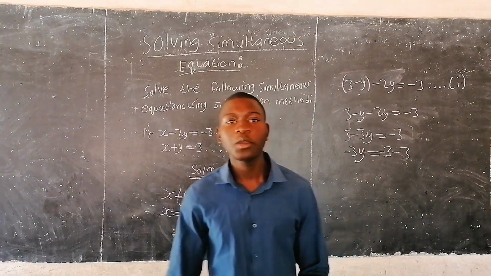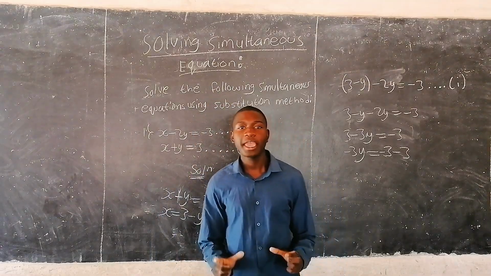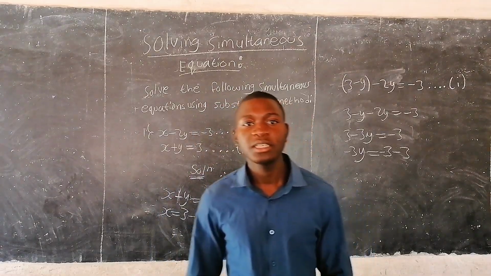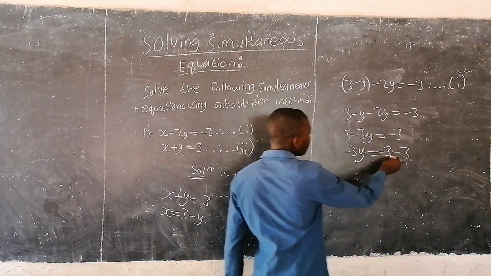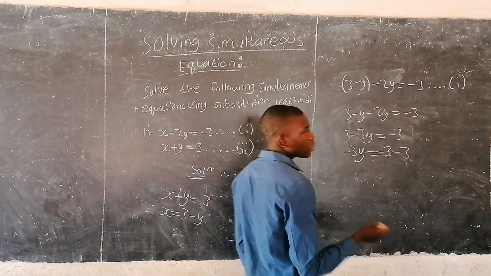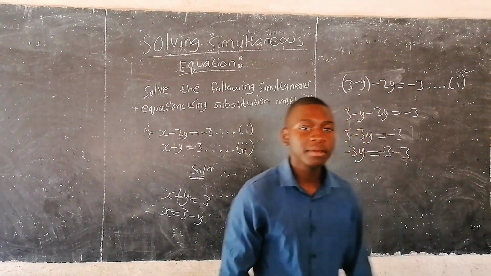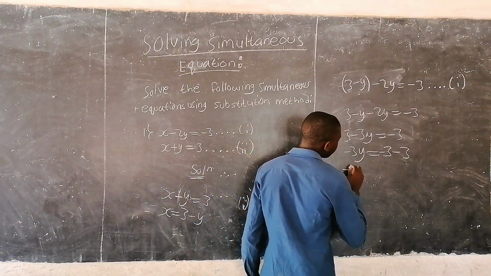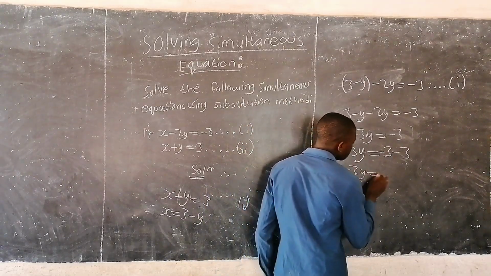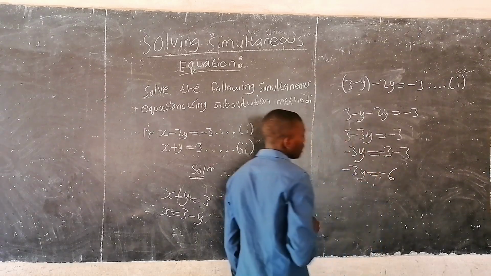As we know, when the signs are the same, we add, and when they are different, we subtract. We'll add 3 plus 3, that will be 6, and we'll take the sign of the bigger number, which is negative. So we'll be left with negative 3y is equal to negative 6.